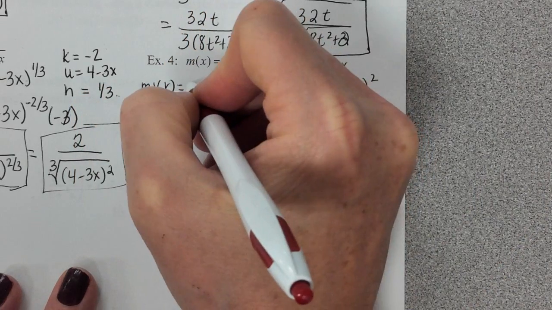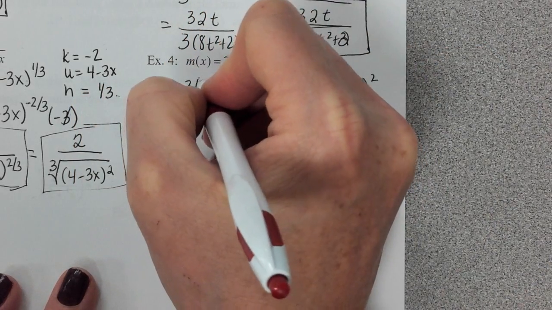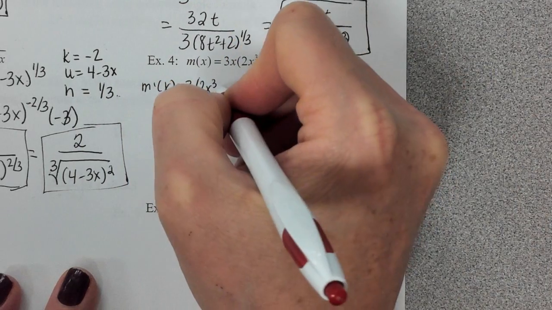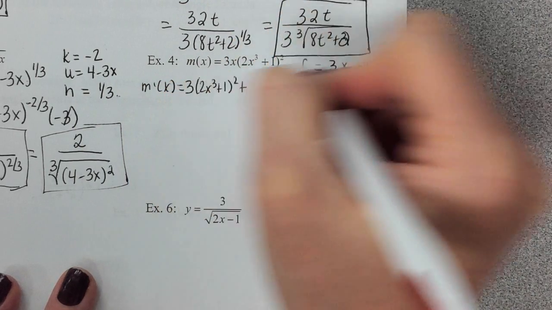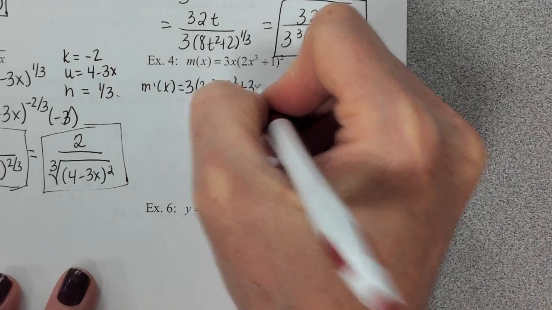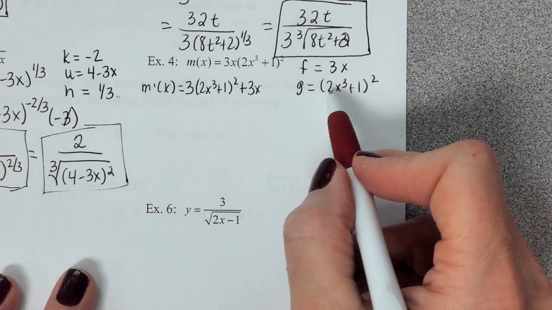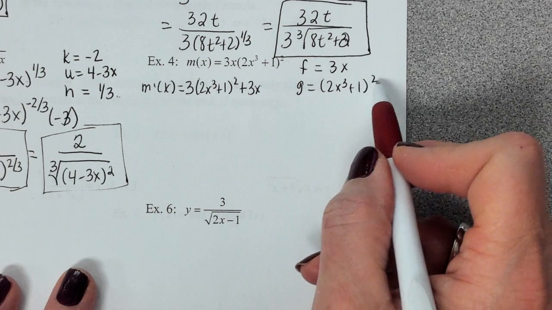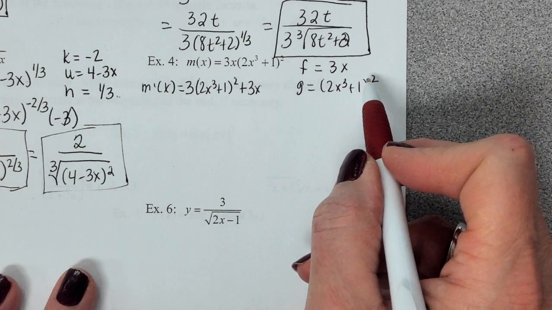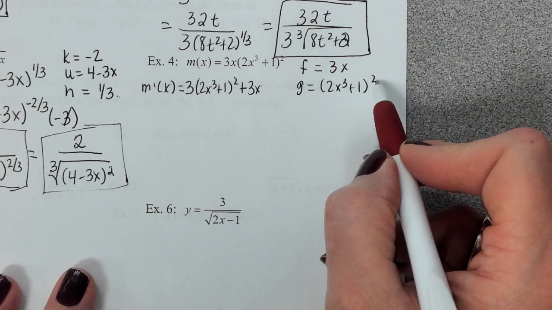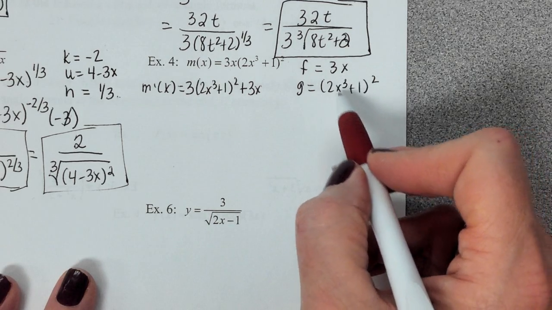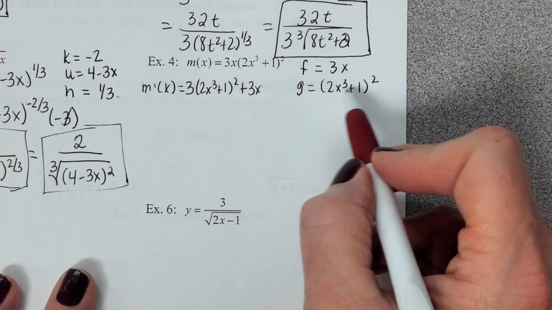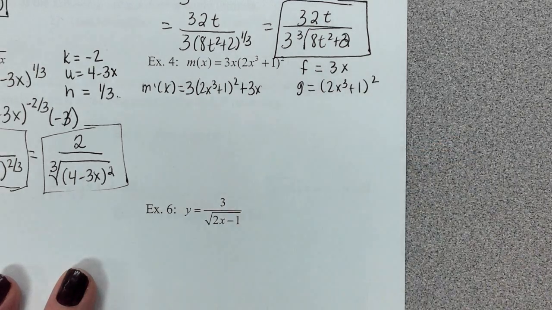So f prime is 3 times g plus f. Now, when I go to do g prime, to find g prime, I have to use the chain rule on it. See, this is k u to the n. Anytime my u value is inside parentheses, I have to use the chain rule.